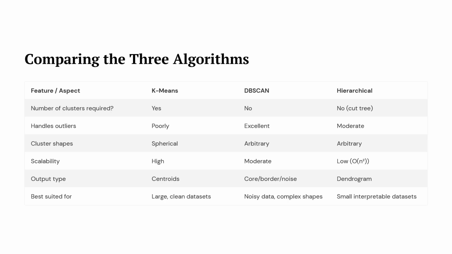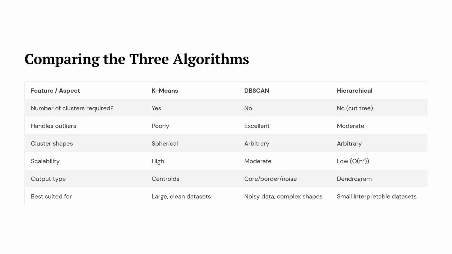DBSCAN, on the other hand, doesn't need you to pick K. It is great with noise, handles irregular shapes, and discovers clusters of any form, perfect for noisy or complex data. Finally, hierarchical clustering builds an entire tree of relationships, so you can decide the number of clusters later by just cutting the dendrogram. It is highly interpretable but can be computationally heavy on large datasets.